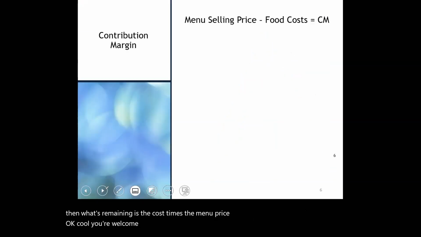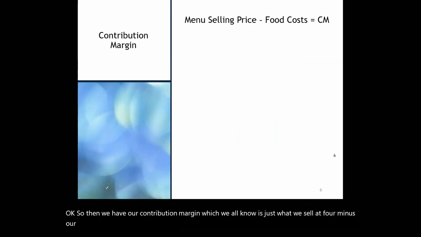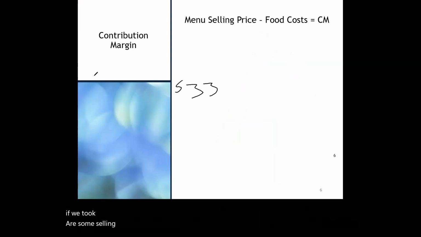Okay, so then we have our contribution margin, which we all know is just what we sell it for minus our food costs. Okay, so what was one of the examples we had? 12 and 33. So if we took our selling price of $33 and we subtract our $12, what is our contribution margin?